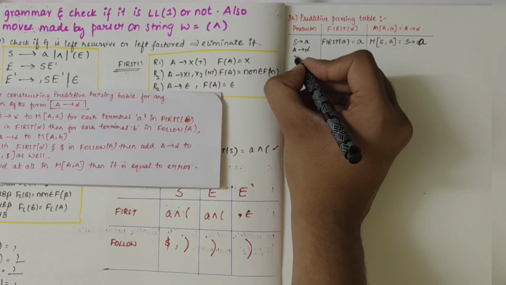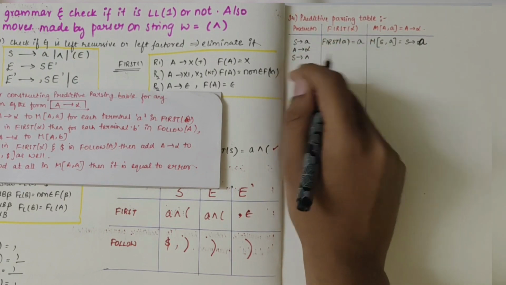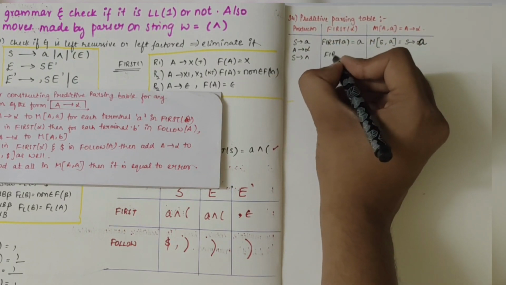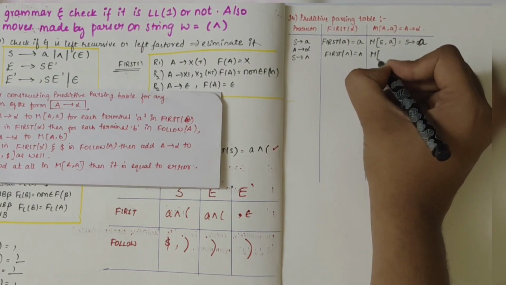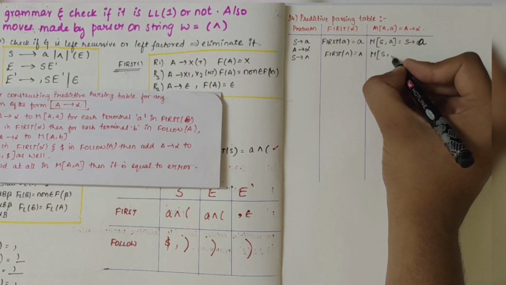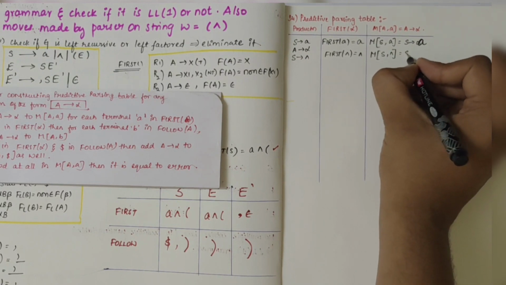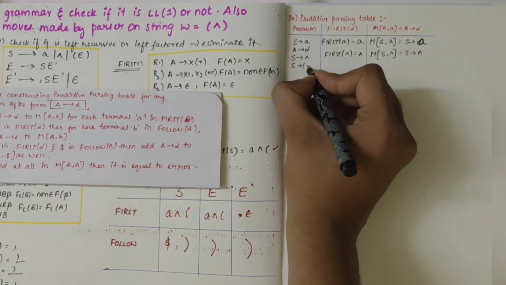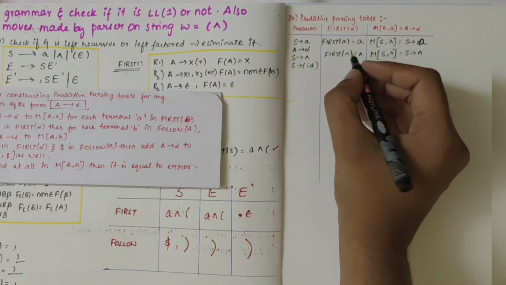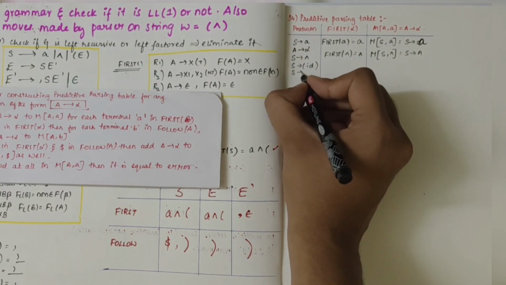Moving on to the next production, that is S derives epsilon. So first of epsilon is the same. So here M of S comma epsilon would give S derives epsilon. Similarly, S derives open bracket E close bracket I have here. So I'll compare this with S derives alpha.